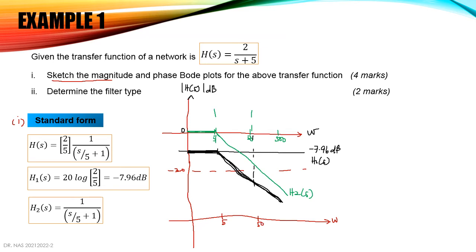So pole at 5 meaning that it has the negative 45 degree at 5, while extended to 0.5, and next decade is 50, so something like this.